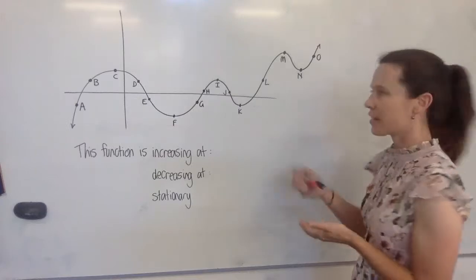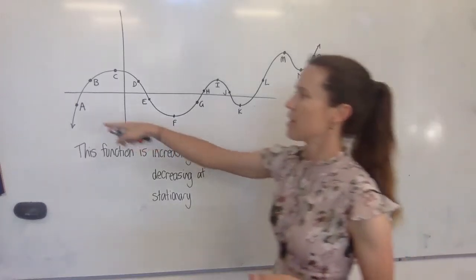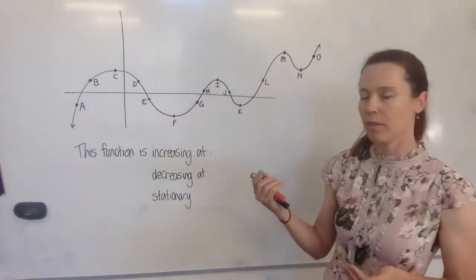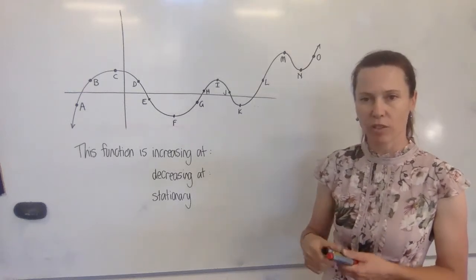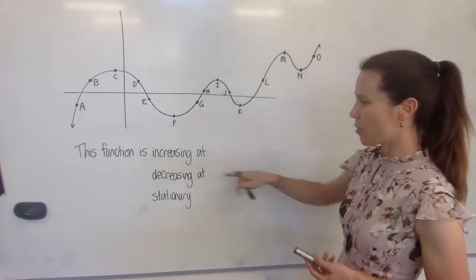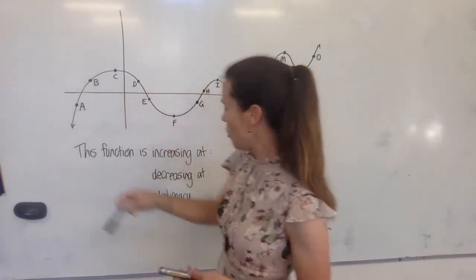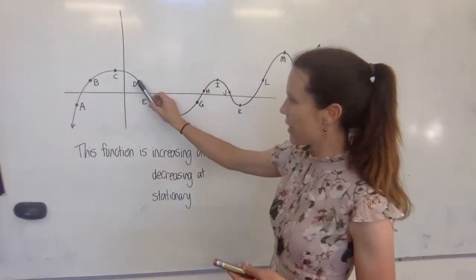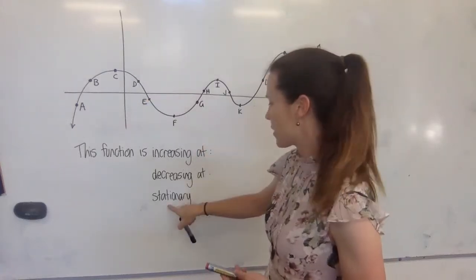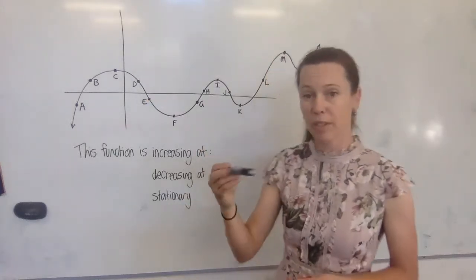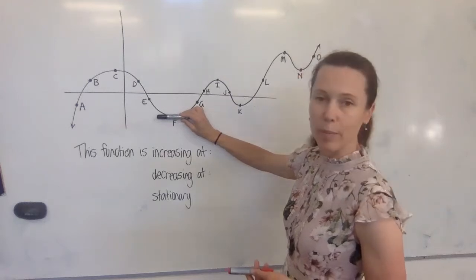So then to look at an example function here, and it doesn't even need to be one that we know the formula of, even without differentiating, just by looking at the gradients, I can tell whether a function is increasing because it will have a positive gradient there. Or if it's decreasing, it will have a negative gradient. Or if it's stationary, that means that the gradient will be 0 and it will be a flat spot.